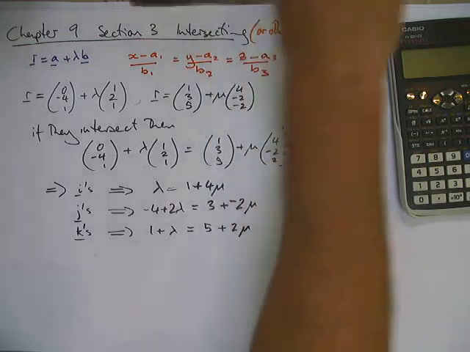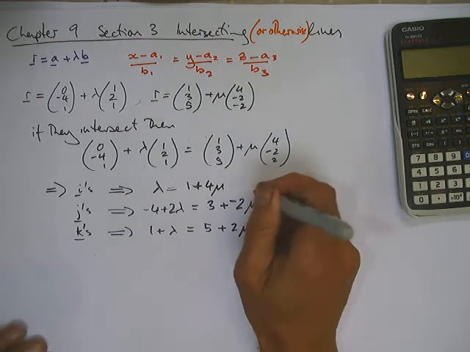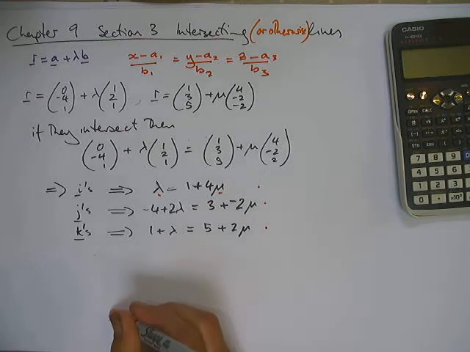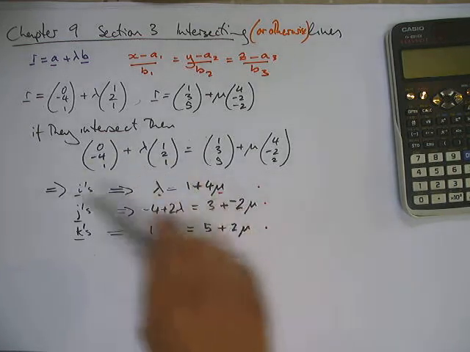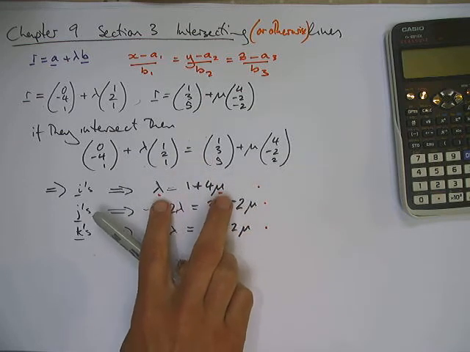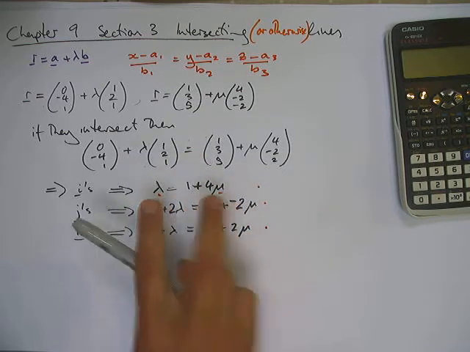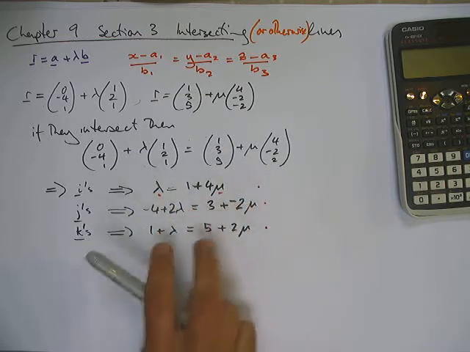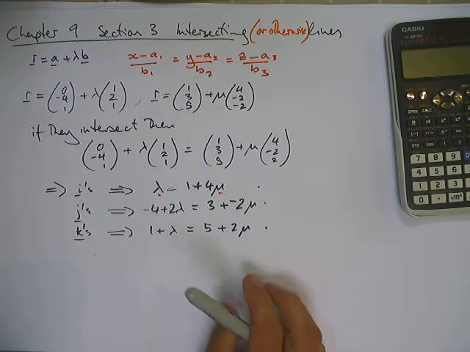Now notice what we've got is 3 equations in 2 unknowns, so simultaneous equations in 2 unknowns. What we do is we pair any pair of them, because we only need 2 equations to find values of lambda and mu, and we take the values we've got and substitute them into the third equation to see if there's consistency.